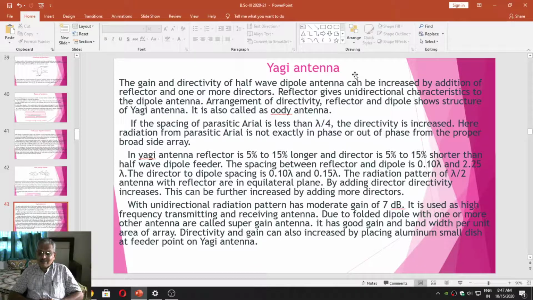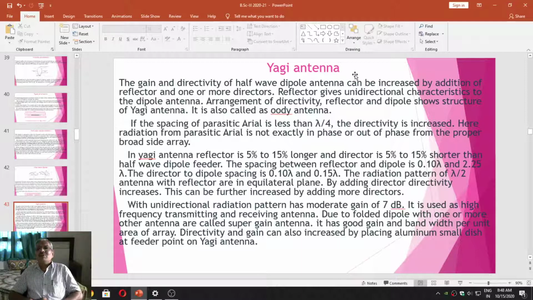Means Yagi antenna consists of a folded dipole as a part of the antenna, to which the signal is fed from the transmitter or from which the signal is collected. Along with this dipole, it makes use of one reflector and many directors.